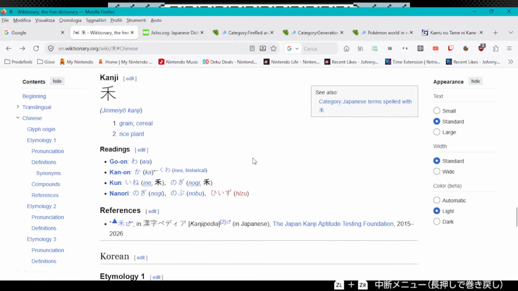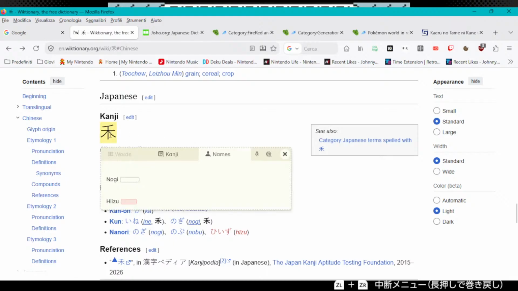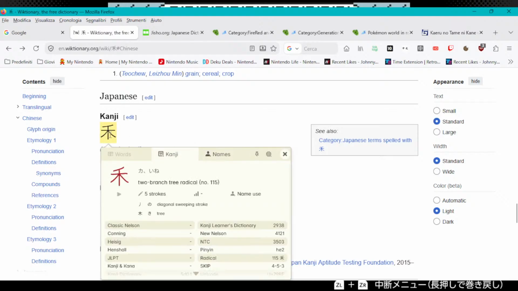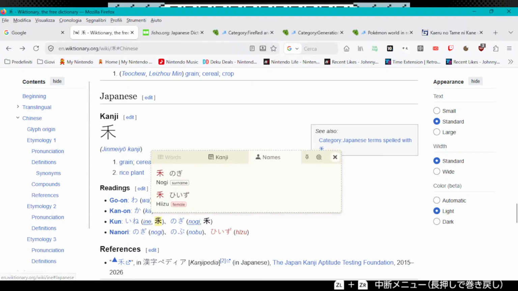But I'd say technically it's a kanji not usually used. The readings given here are also, you can see, with the plugin, ka and ine. Although I can already tell you that usually here it will show it.